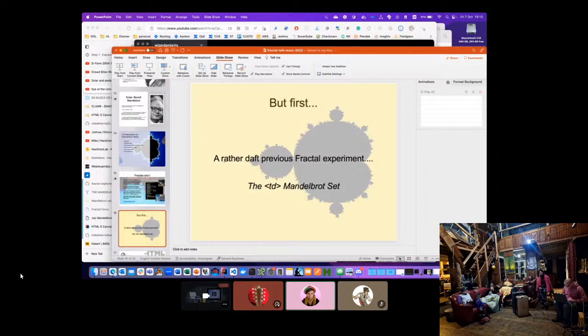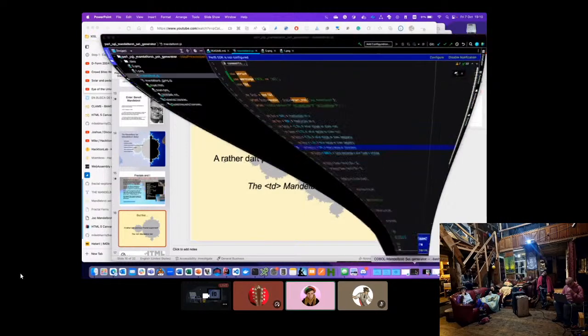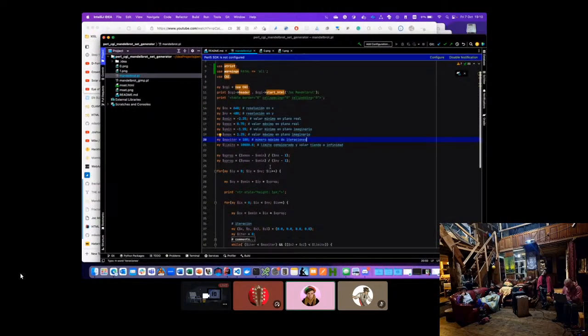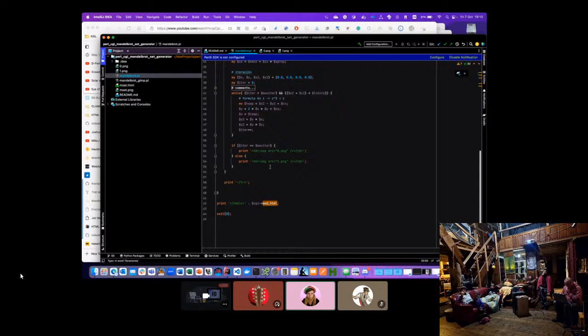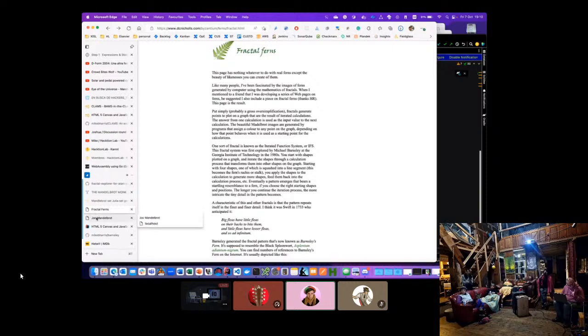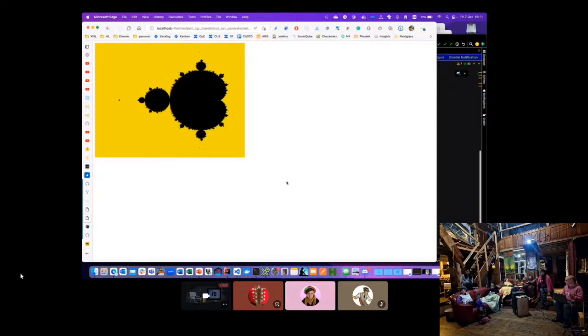Let me show you that. This was written in Perl many years ago, and it generates a web page by generating a Mandelbrot set using TD tags in HTML with 1 pixel images for being in the set or not in the set, and you end up with that, for example. I won't do a view source on that because it might even still crash my web browser.